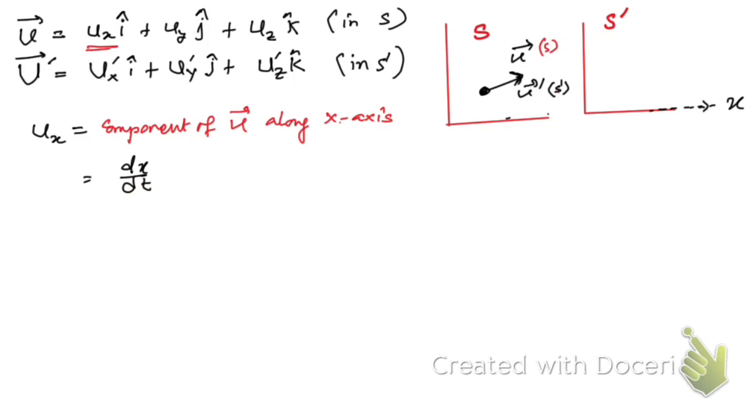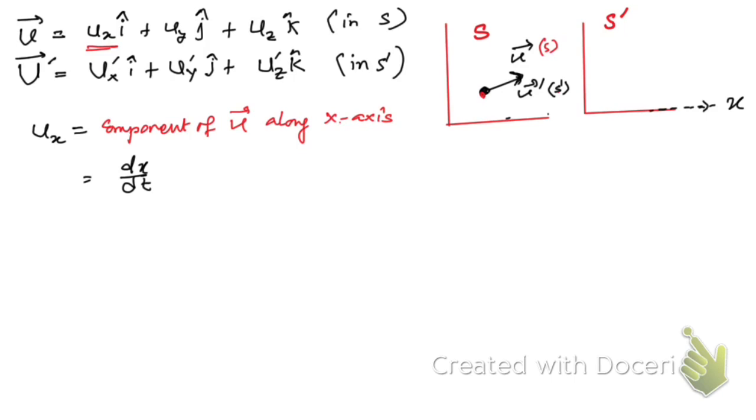Suppose the displacement of this particle along the x-axis is x, then the x component of velocity will be given by the time derivative of x.